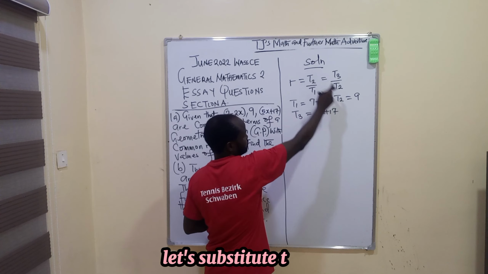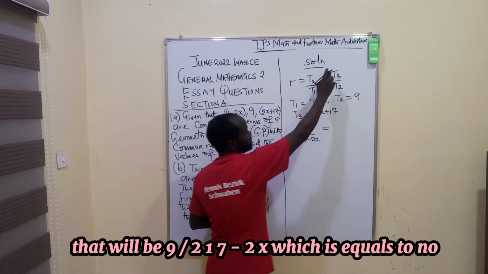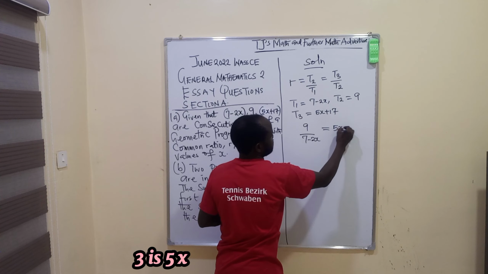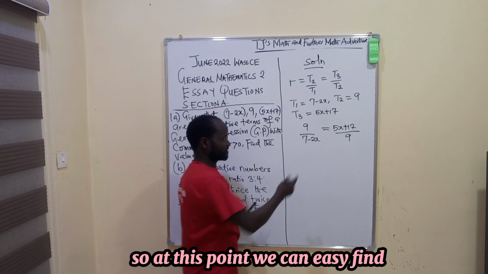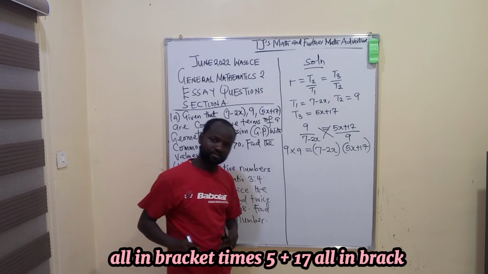T2 is 9, so that will be 9 divided by T1, 7 minus 2x, which is equal to T3, 5x plus 17, divided by T2, which is 9. So at this point, we can easily find x. We can cross multiply: 9 times 9 will be equal to (7 minus 2x) all in bracket times (5x plus 17) all in bracket.